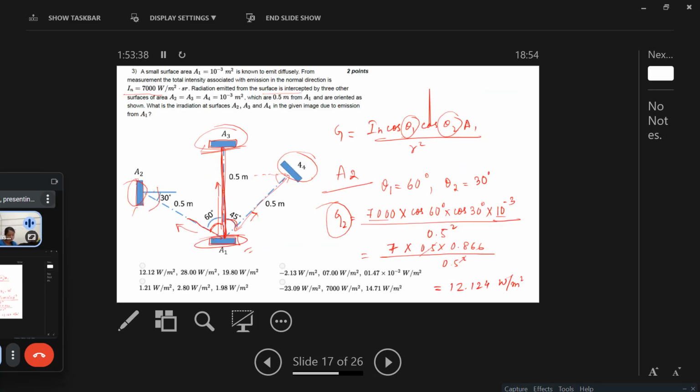The answer should be this because the first two are matching. But for the third one, we are not getting this.